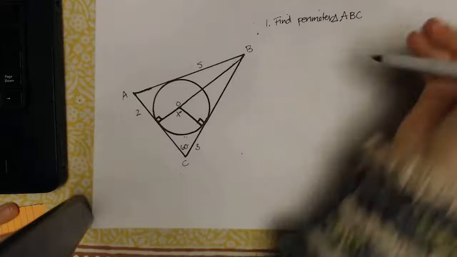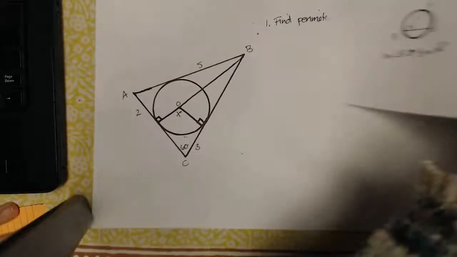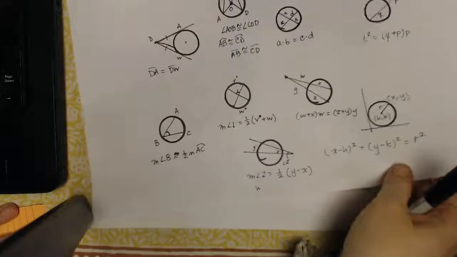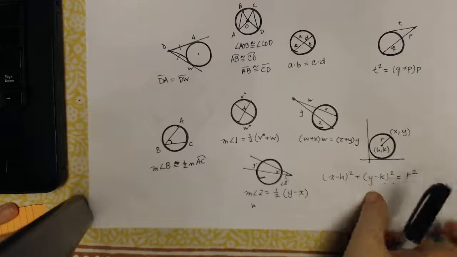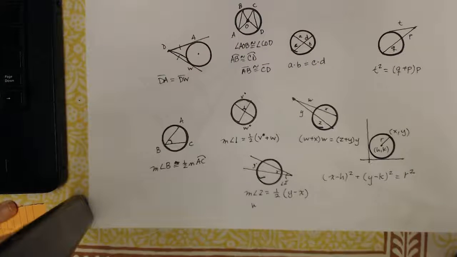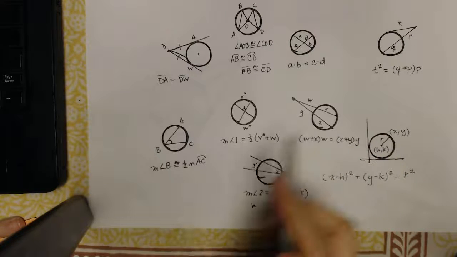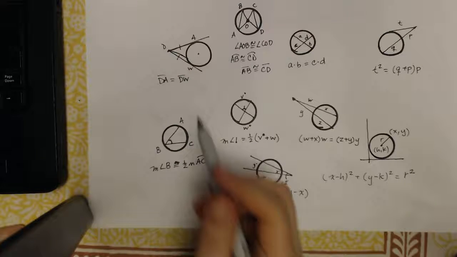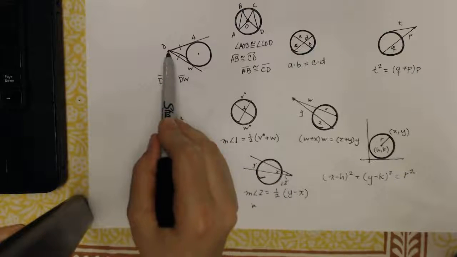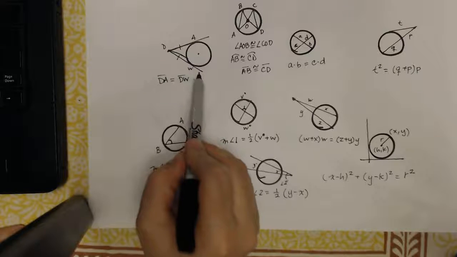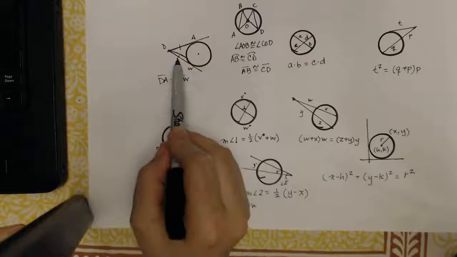And so when we're thinking about this, you want to go back to whatever formula sheet you have for this chapter. It could be a page like this, separate note cards, or just a notebook page in your book. But you need to have all these formulas out to be able to take a look. What I notice here is that these two tangents to the circle look a lot like the drawing that I have.